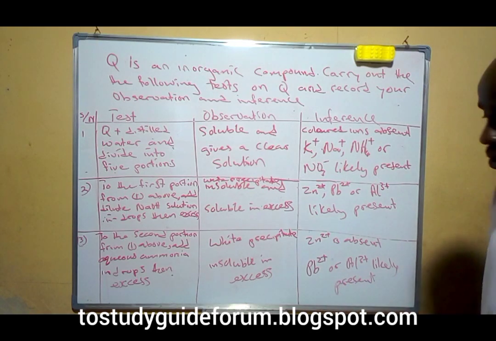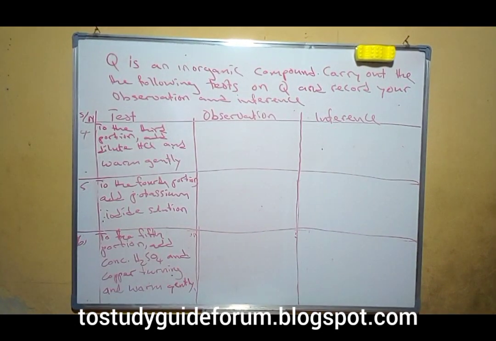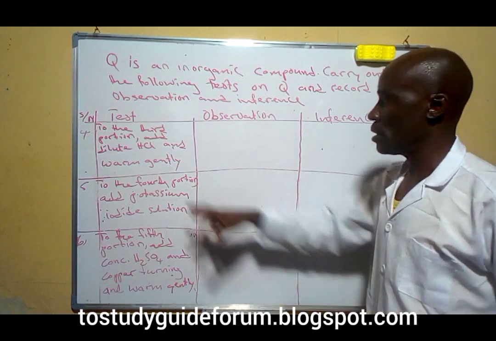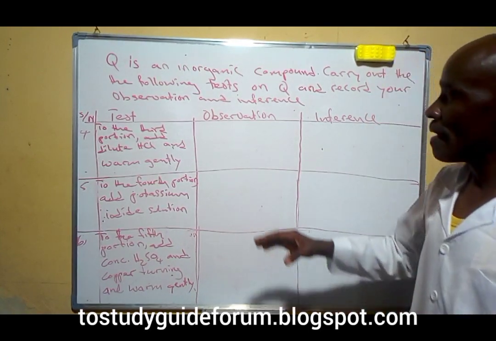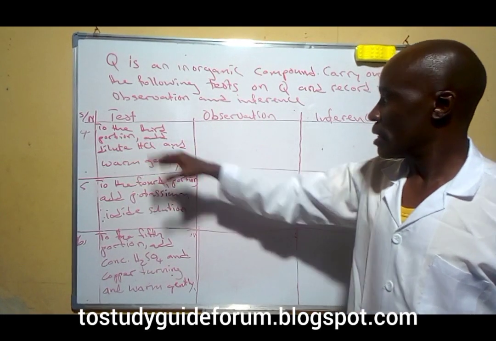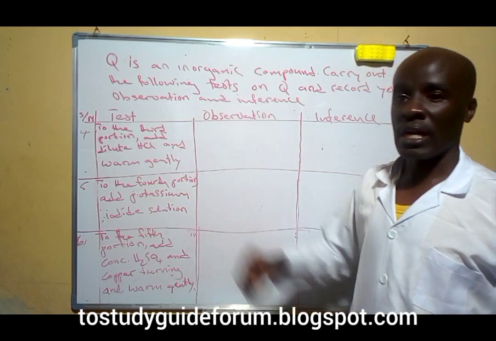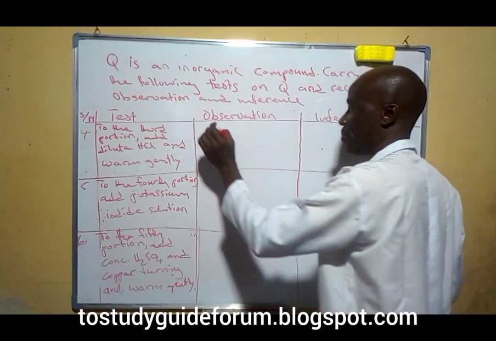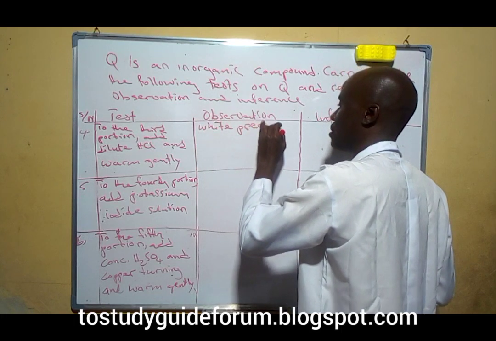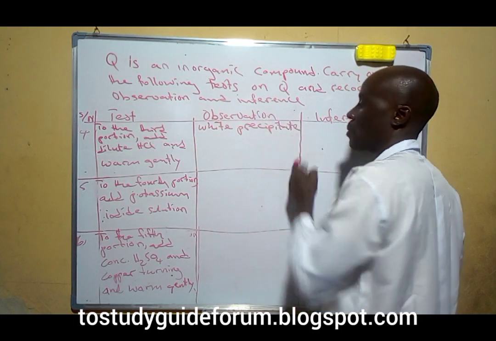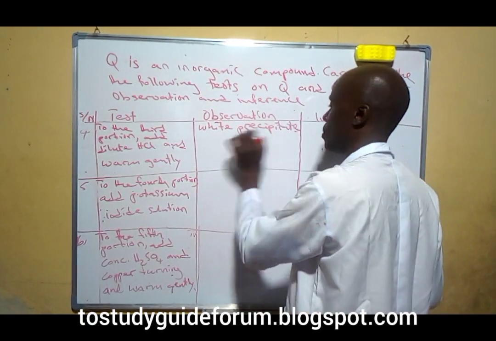The next one we're going to look at is the third portion, to which we add dilute hydrochloric acid. We will notice that we have a white precipitate, and then when you warm it, it will be soluble.